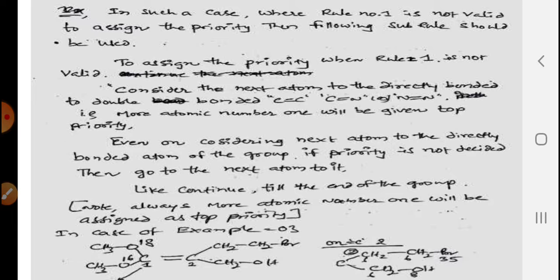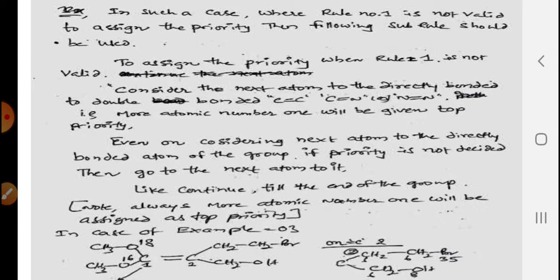Wherever we meet the higher atomic number, only then do we assign the top priorities based on the atomic number.